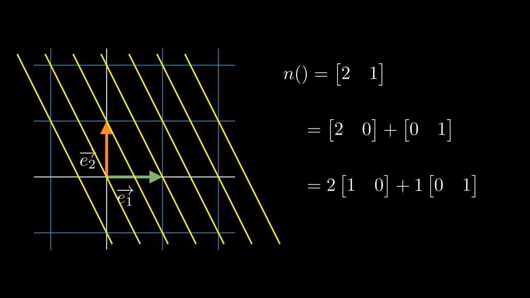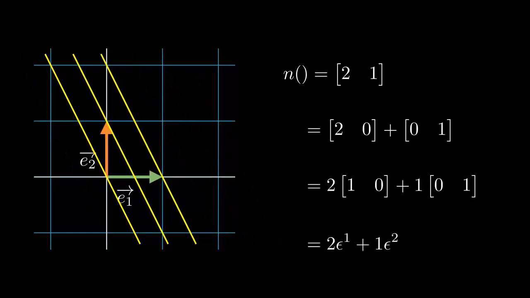Factor out the coefficient. You call the basis (1, 0) epsilon 1 and (0, 1) epsilon 2. The component for epsilon 1 is 2, since e1 goes through the line stack twice. The component for epsilon 2 is 1, since e2 goes through the line stack once. You can write the normal function as a linear combination of this basis.